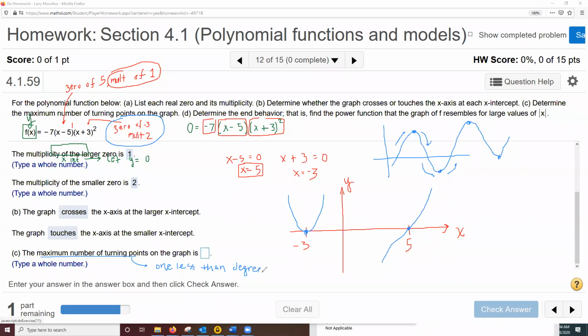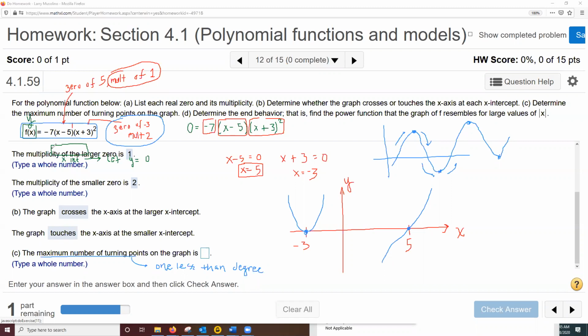Well, I remember the degree is the highest exponent. But this polynomial function isn't written in expanded form. It's just written in this factored form here. But I can see what the highest exponent is going to be.